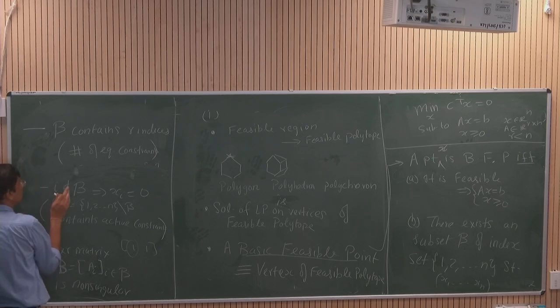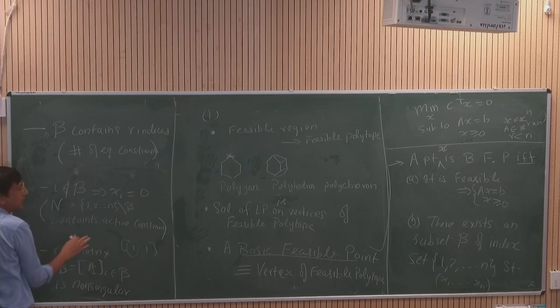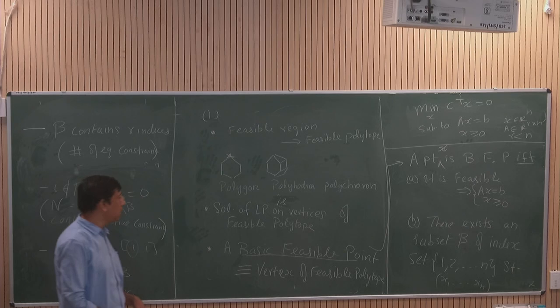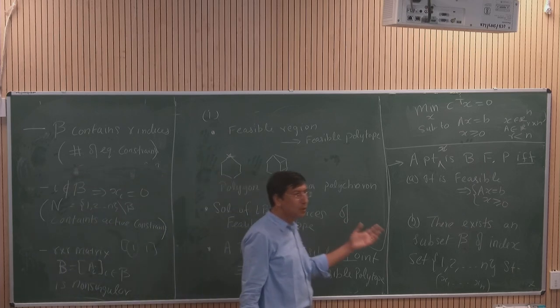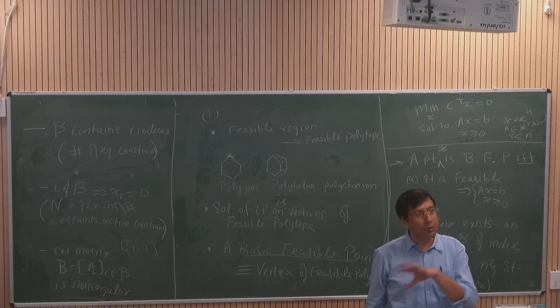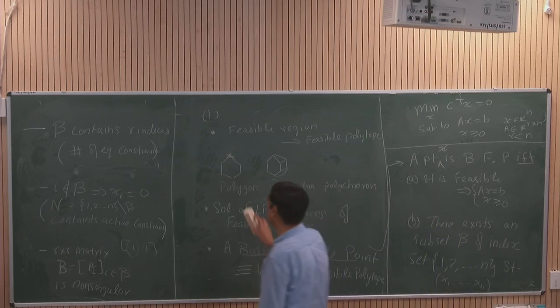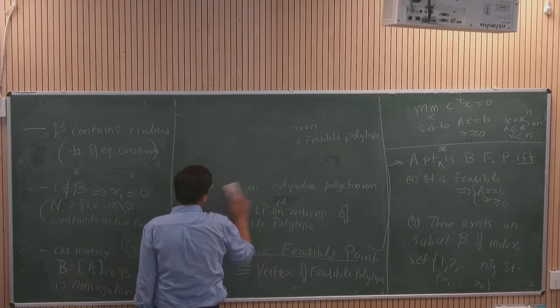If the index is not in the B set, or it's in the complement of that, then it should be active. So B contains the inactive constraints, N contains the active constraints, and the matrix formed by taking the columns from the B set is non-singular. If these three are satisfied, then analytically you have found how to get a handle to the vertex. Is that okay? All right. So we'll now work on this.